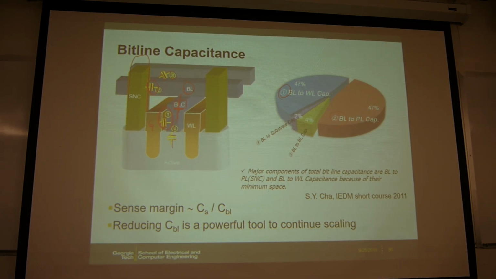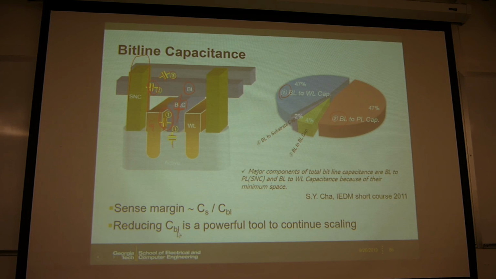So, any ideas to reduce Bitline capacitance? Although we talk about that over generations, the Bitline capacitance does not scale too much. But still you can find techniques to reduce it. They use a low epsilon interlayer dielectric. Yes, so this is exactly opposite to what you want for the CS.